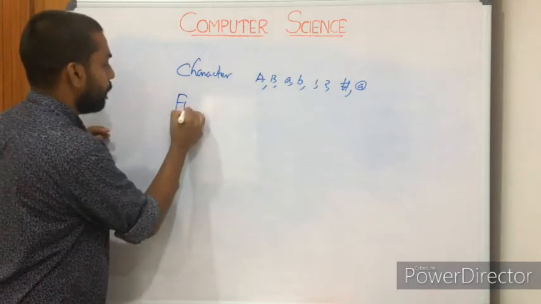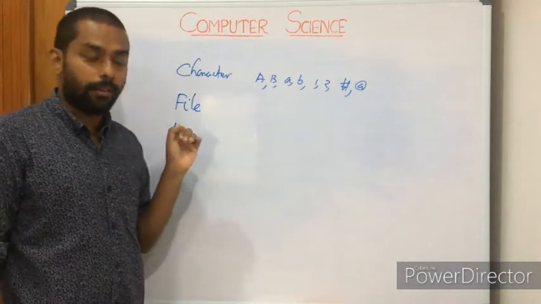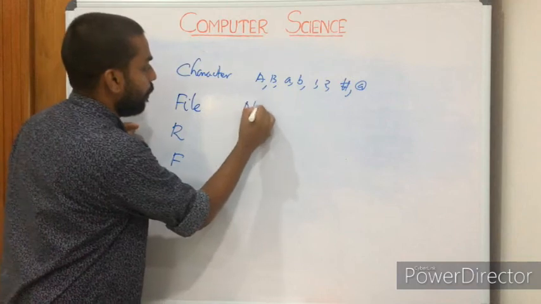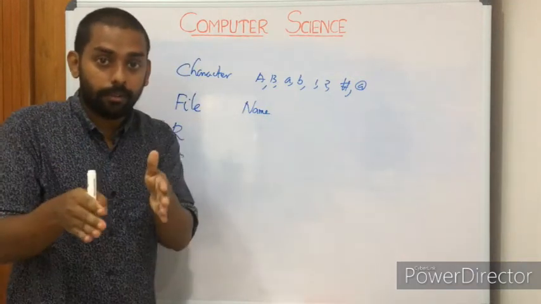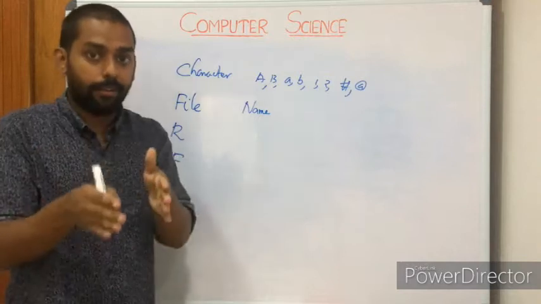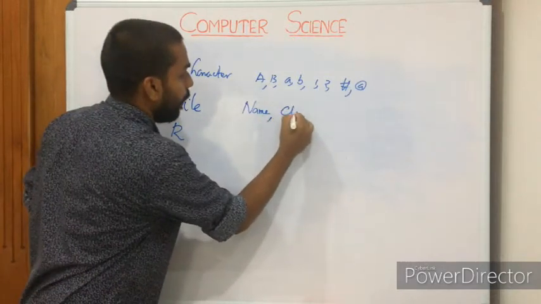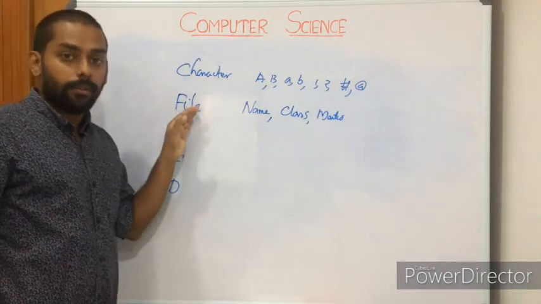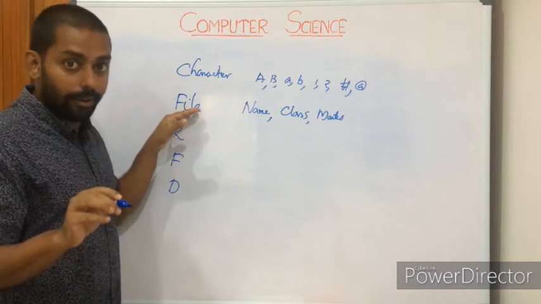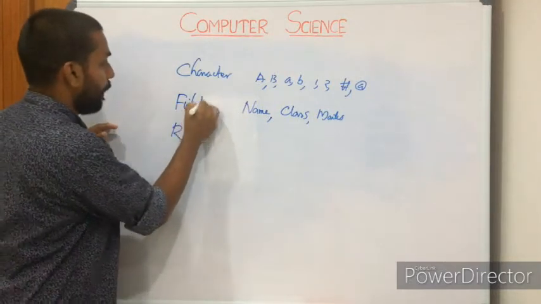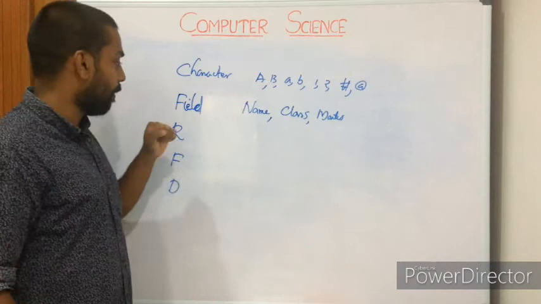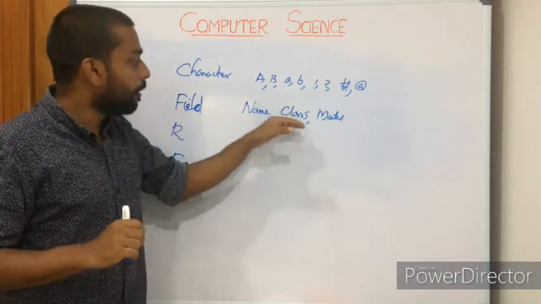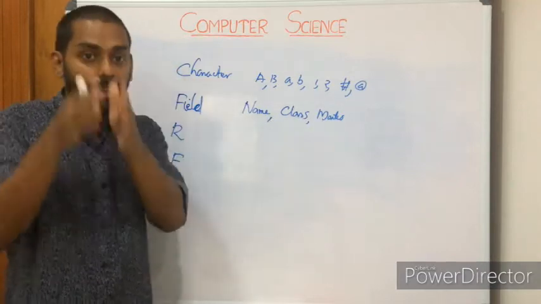Field. Good. It is field. Sorry, it's not file, it is field. Field means a collection of characters. For example, your name. We can enter your names. It's a heading: name, class, marks. All are some of the fields.